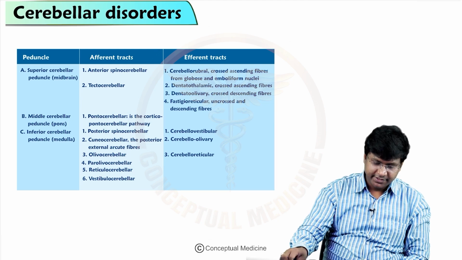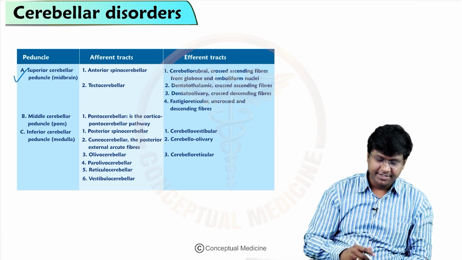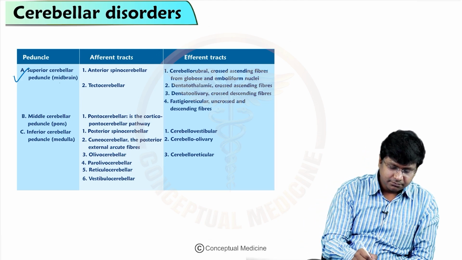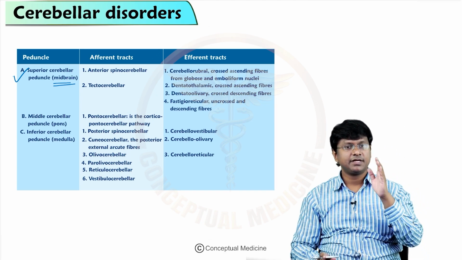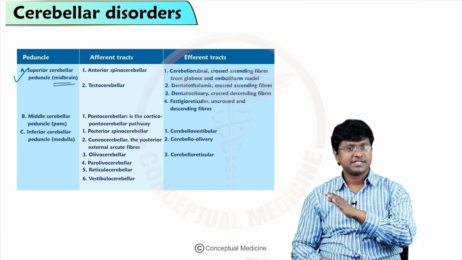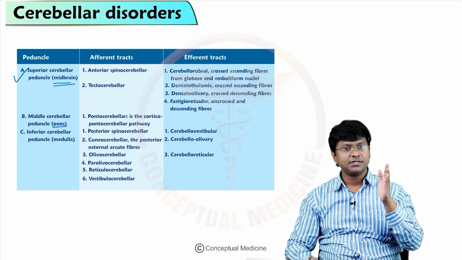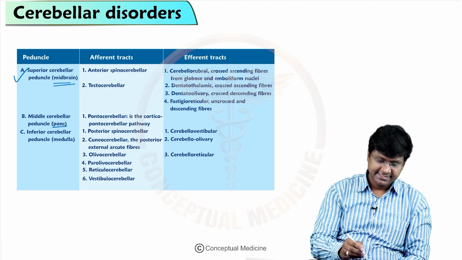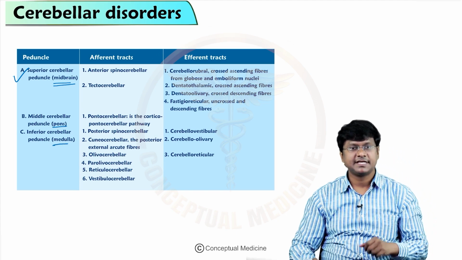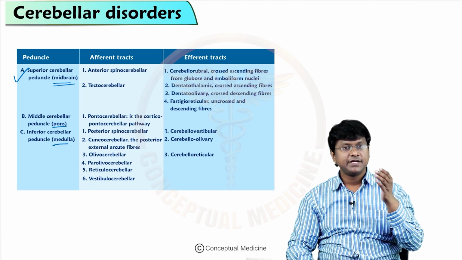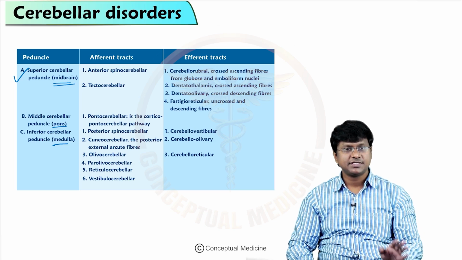That means the superior cerebellar peduncle will connect the midbrain to the cerebellum, and the middle cerebellar peduncle will connect the pons to the cerebellum. Then the inferior cerebellar peduncle will connect the medulla oblongata to the cerebellum.